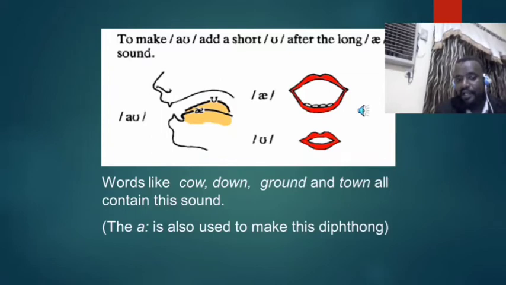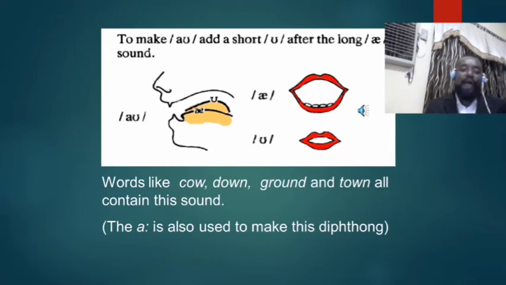That's the manner of articulation and place of articulation of any sound. Both of them are called ow, for example in words like cow and down.